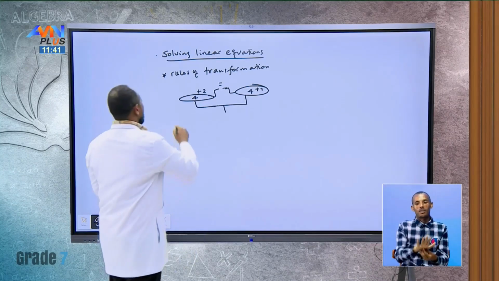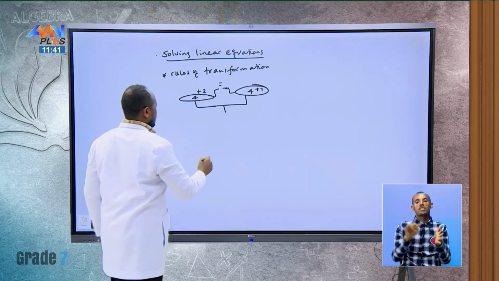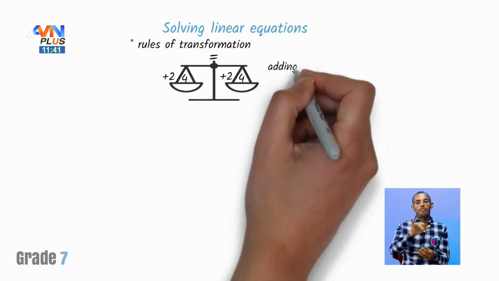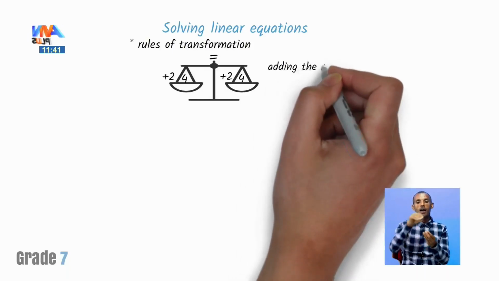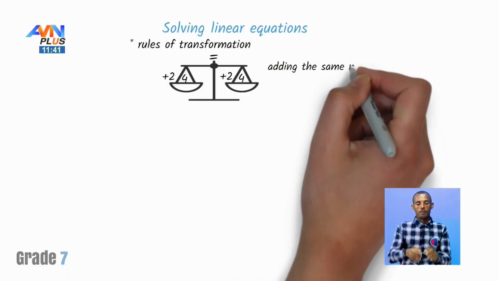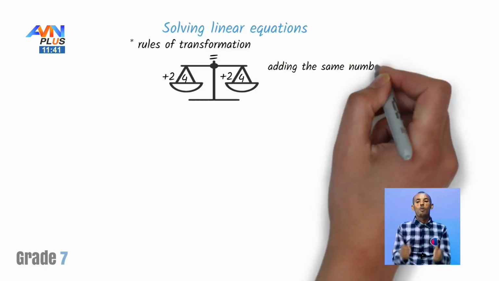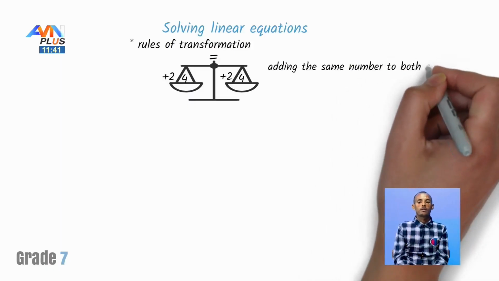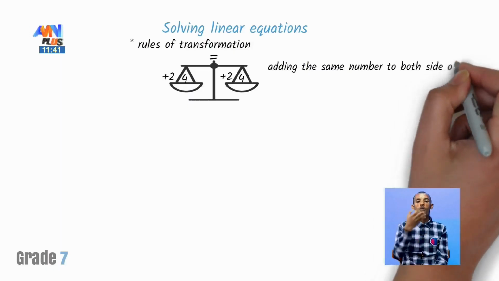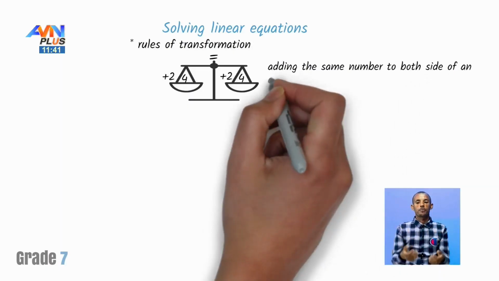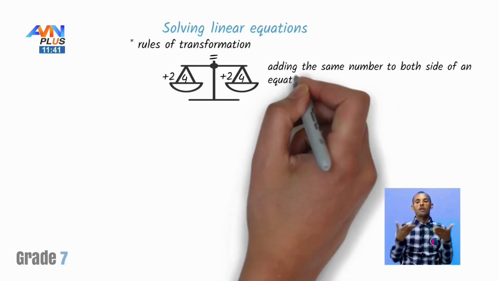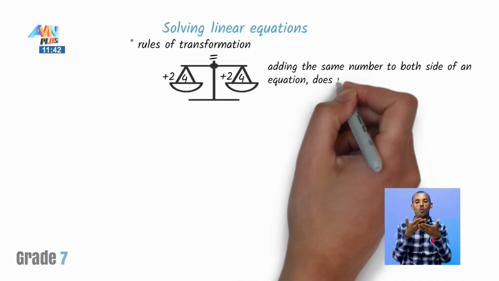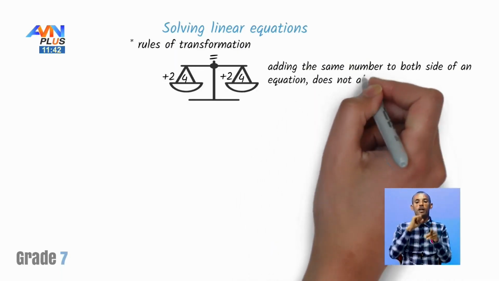It's the first rule: adding the same number to both sides of an equation does not affect the equation.